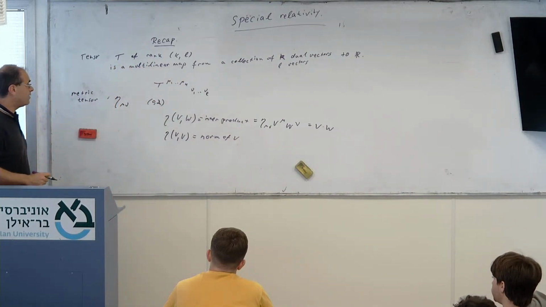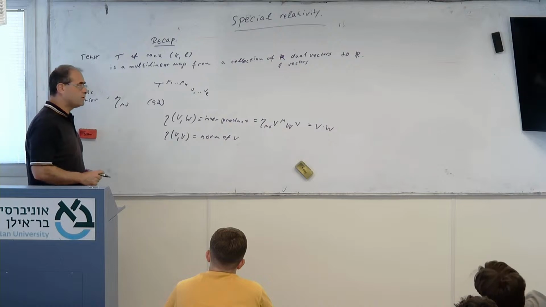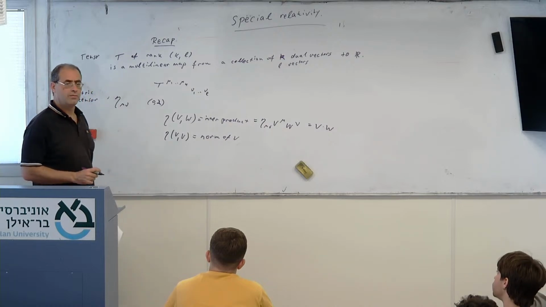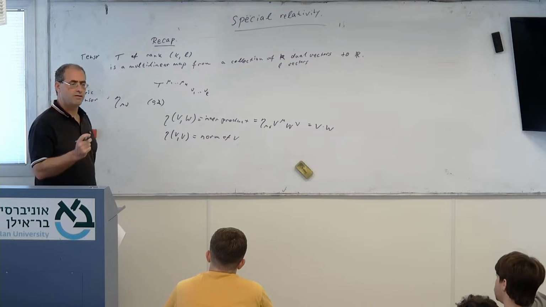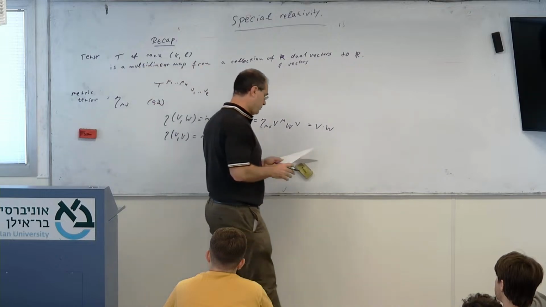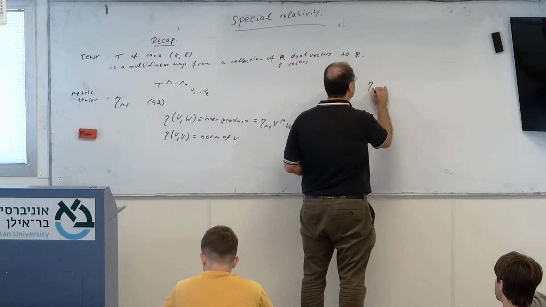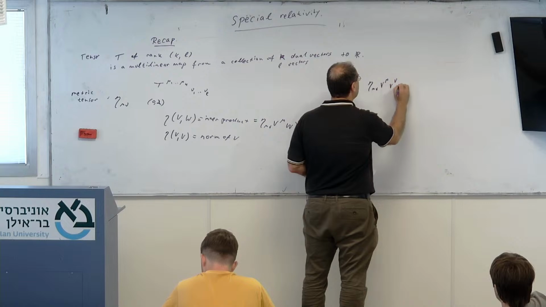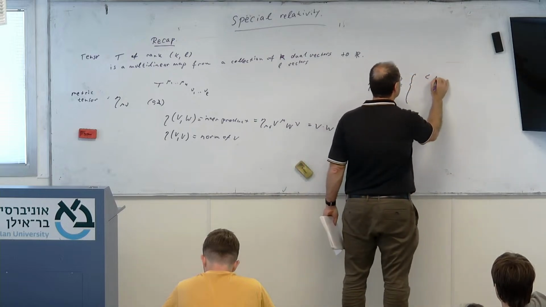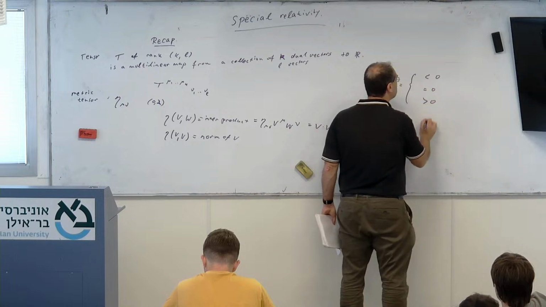And we said that, unlike what you're used to from Euclidean space, the norm of a vector can be both positive and negative and 0, and the vector does not have to be 0. So eta mu nu v mu v nu can be either smaller than 0, equal to 0, or greater than 0.